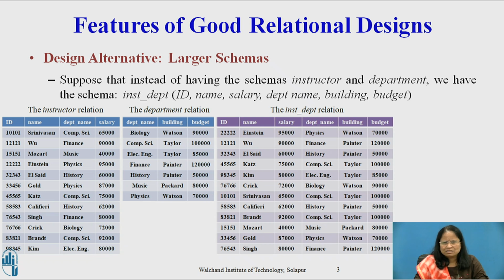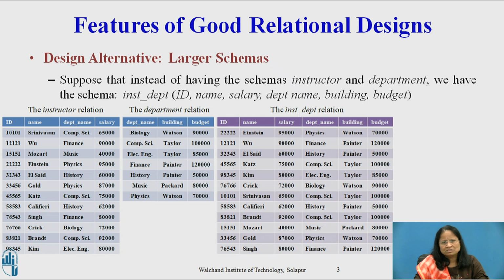There is still another problem with the instructor-department schema. Suppose we are creating a new department in the university. In the alternative design above, we cannot directly represent the information concerning a department with the attributes department name, building and budget unless that department has at least one instructor at the university.